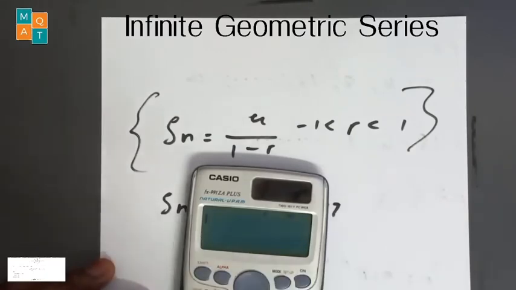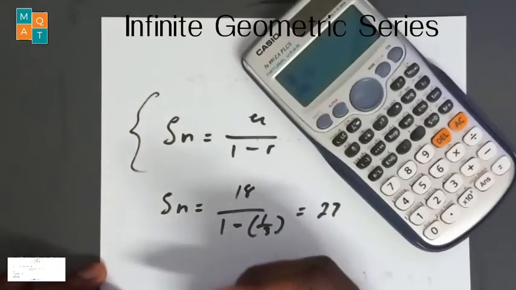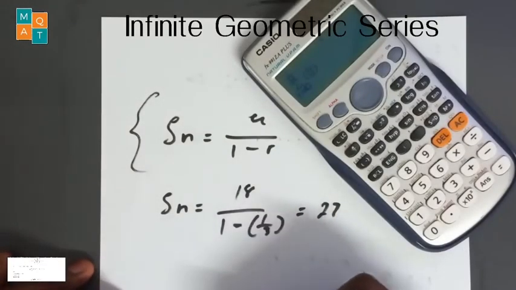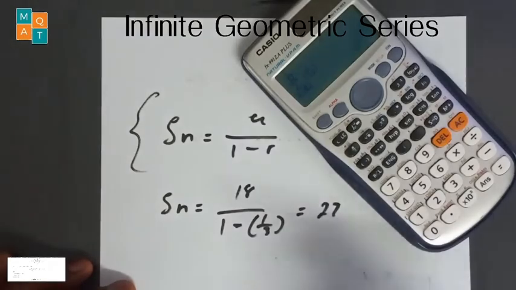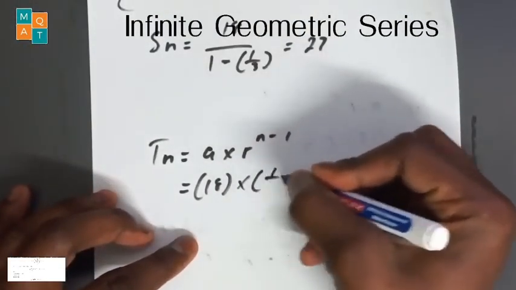Okay, now I'm going to try to make a sum with my calculator and show you something really interesting. I'm going to sum the values of that series. Now Tn is equal to a multiplied by r to the n minus 1, where a is 18, multiplied by 1 over 3 to the n minus 1.